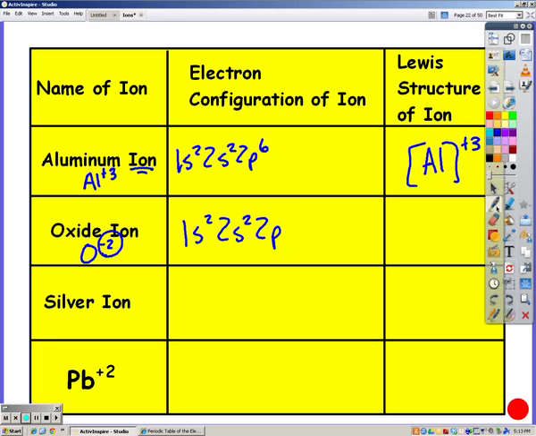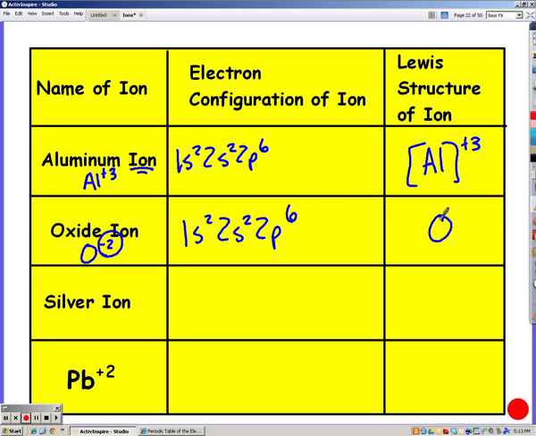So that's going to become 2p6. Remember that when you gain them, we have to write how many we started with, which was 6, and then we gain 2. So that gives us a total of 8 valence electrons now. 2 in the S and 6 in the P. And it has a -2 charge. Go ahead and do the next one on your own.